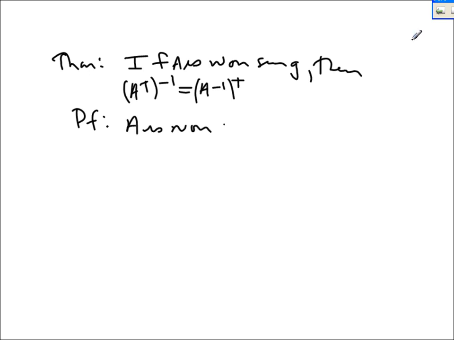A is non-singular implies A inverse exists. Now remember, if A is non-singular, then A inverse is non-singular. A inverse exists, and in case we need it, is non-singular. Okay.